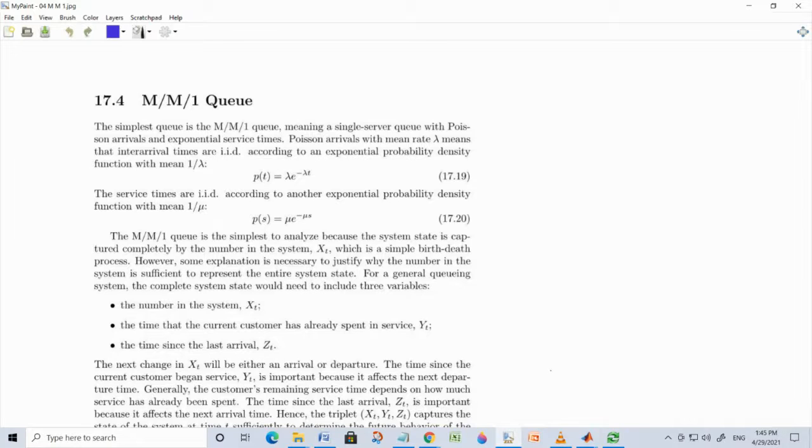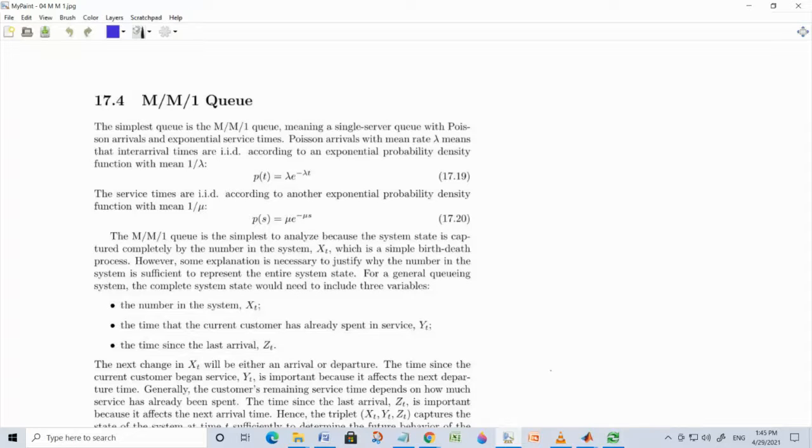Once you start doing things other than the exponential, the whole framework of continuous time Markov chains will not be applicable, because you need your sojourn times to be exponential. So that's the easiest queue. It's M/M/1, as I said, this is the notation that is used.